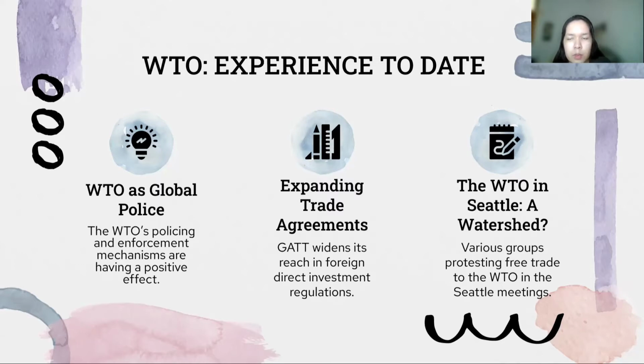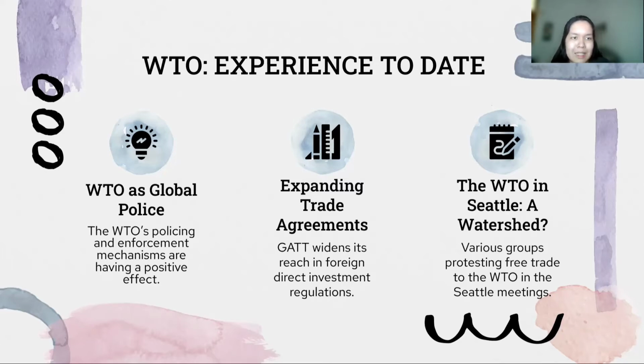And the last one is the WTO in Seattle, a watershed. At the end of November 1999, representatives from the WTO's member states met in Seattle, Washington, and the talks ended on December 3, 1999, without any agreement being reached because of the inability to reach consensus on the primary goals for the next round of talks.